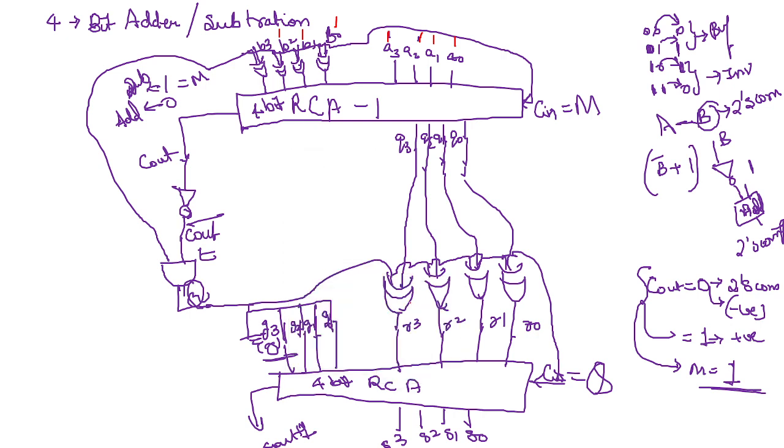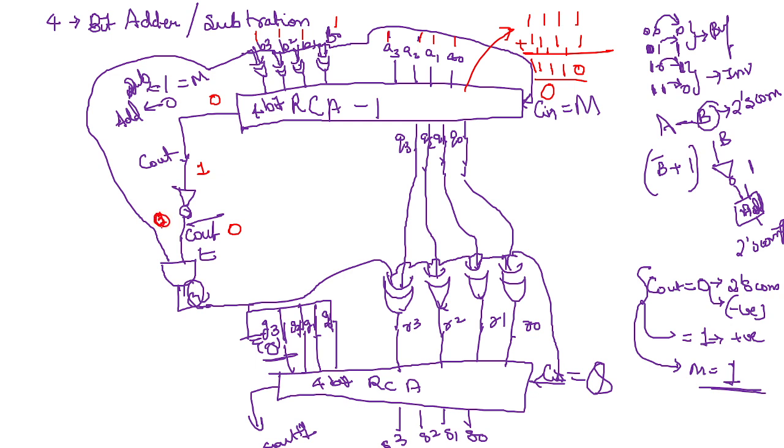Okay, addition, so the M will be zero. So this is 4 ones, and M is 0. Again, this will perform the 4-bit addition, like 1 1 1 1 plus 1 1 1 1. So 1 plus 1 is 0, carry 1, and so on.